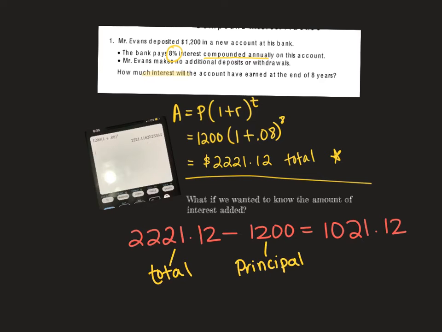And to answer this question, my final answer is the amount of interest that was earned, which is the $1,021.12. So yes, we are going to use the formula, but on these problems, you're going to have to take it that extra step further and make sure that you do this subtraction to get your final answer.